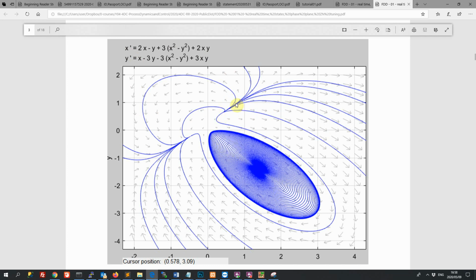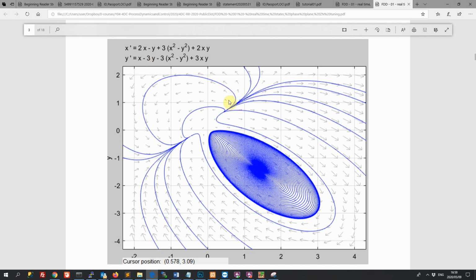So it's a steady state, but it's not a stable steady state. If you are exactly on that steady state point, there won't be a change. X and y will stay constant. But the moment there's the slightest deviation, then that solution will wrap around.